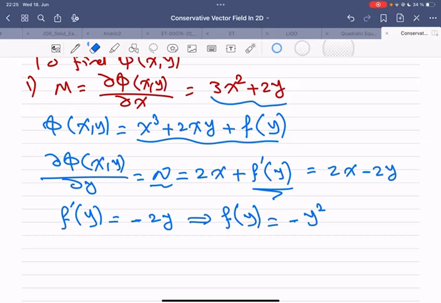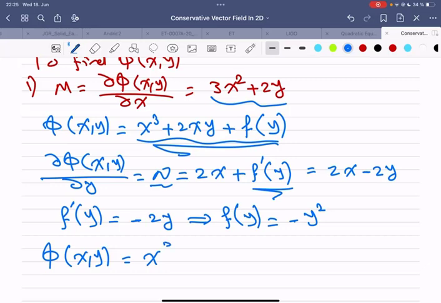So here phi xy will be, from here, x to the power 3 plus 2xy minus y squared. This is the first method.